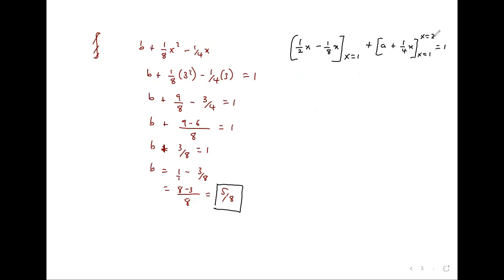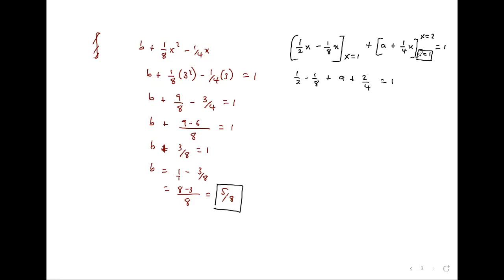When you substitute 1 here, you get half minus 1 over 8 plus, you take 2, A plus 2 over 4 is equal to 1. So we suspend this one first.